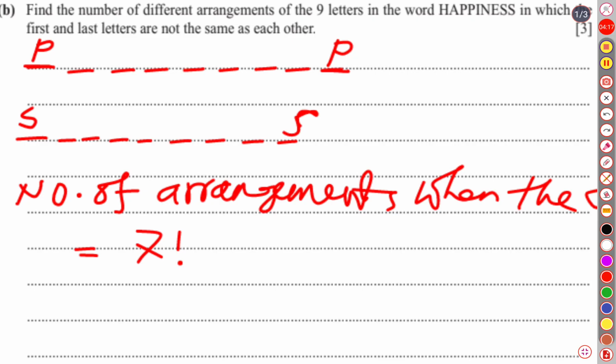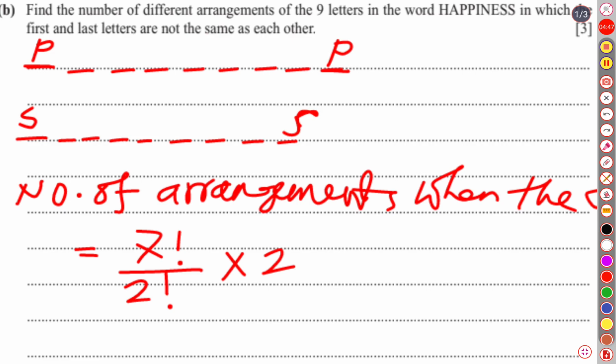Then among these 7 letters there are 2 s's definitely, so we will have to divide this by 2 factorial ways. Now if the first and last letters are both s's, it will be exactly the same as when the first and last letters are P. So both scenarios are the same, and we just multiply by 2.